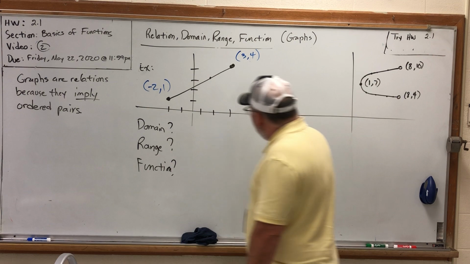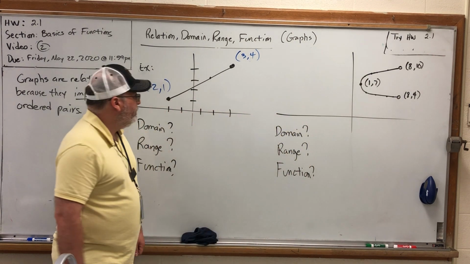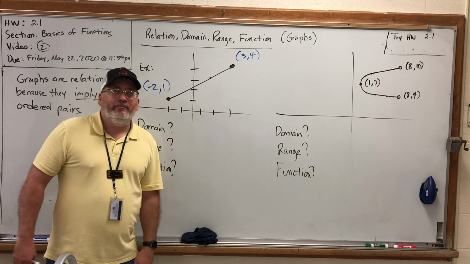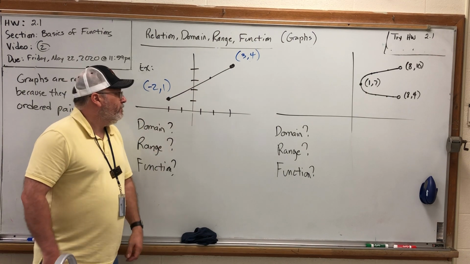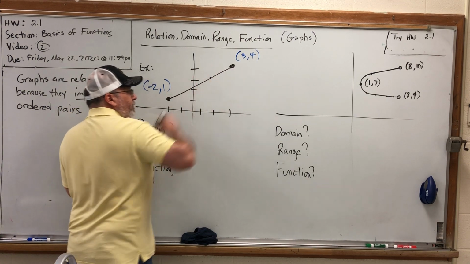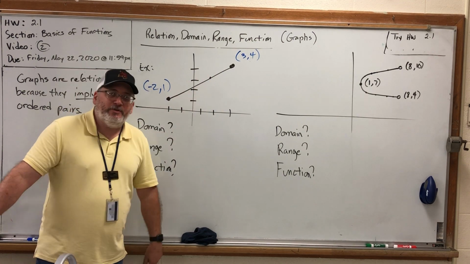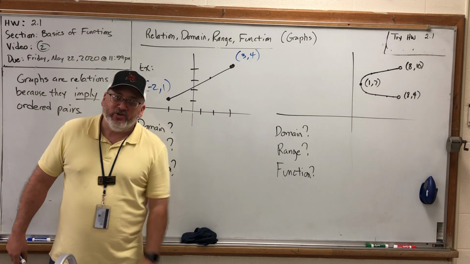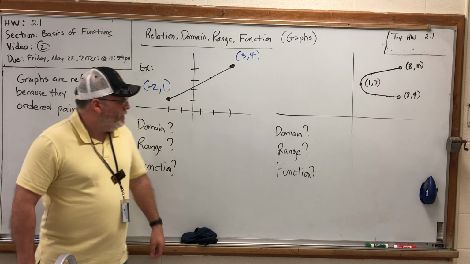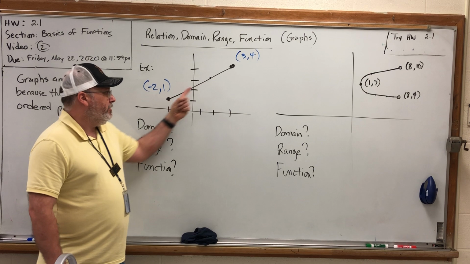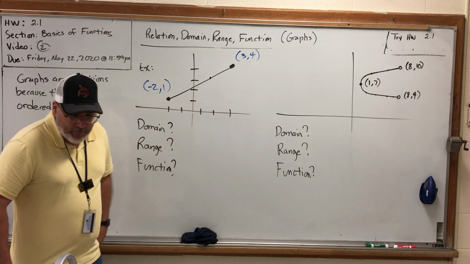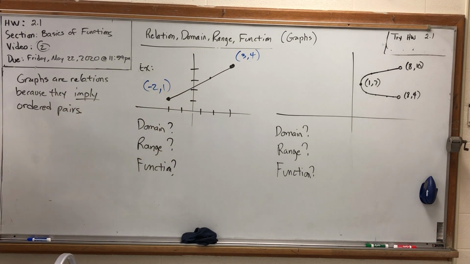Now, how many points are on each of these graphs? Hint, there's more than 2 on here, and there's more than 3. How many points can I fit in here? Well, geometrically speaking, a point has 0 dimensions, so it has no width. That means I can fit as many of them on here as I want, an infinite number of points. That will be important in just a moment.